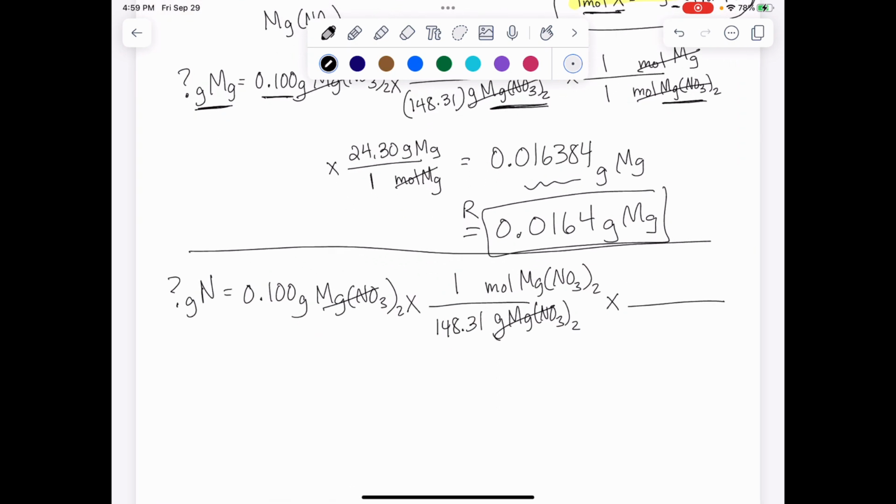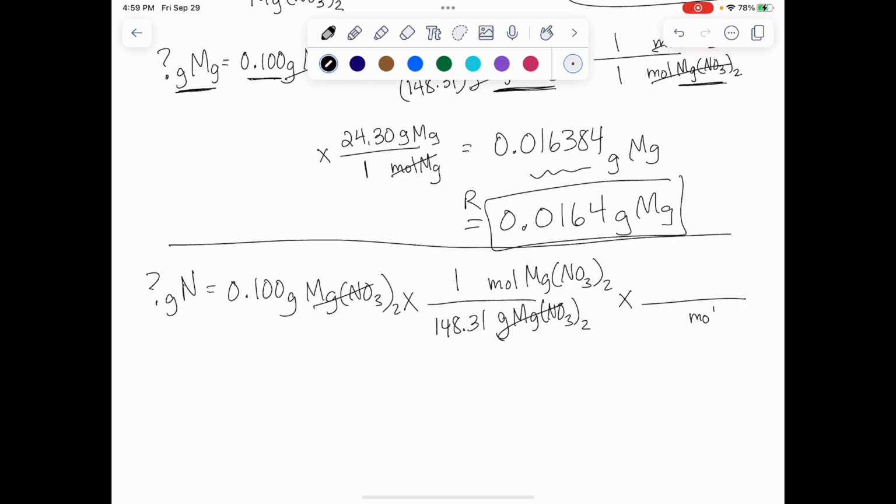My next step must have moles of magnesium nitrate on the bottom to cancel. I'm trying to get to grams of nitrogen, so the path means I have to go through moles of nitrogen. Now in this case, I'm looking at that formula and asking how many nitrogens are in that formula. For every 1 formula, there are 2 nitrogens.